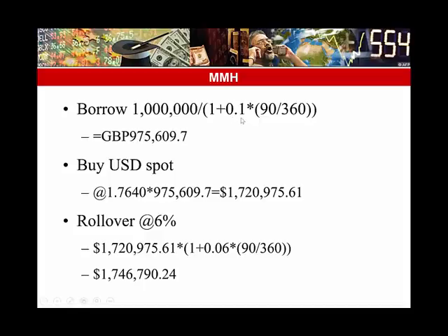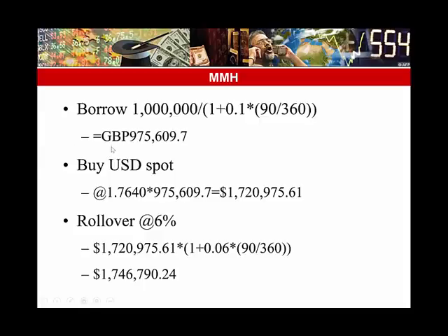So we will multiply the 0.1 with 90 divided by 360, which is equivalent to dividing 0.1 by 4, because we are actually borrowing only for 1 quarter. So either by using 90 days divided by 360 days, which corresponds to 1 quarter, or simply by dividing 0.1 by 4 to adjust it to a quarterly rate.